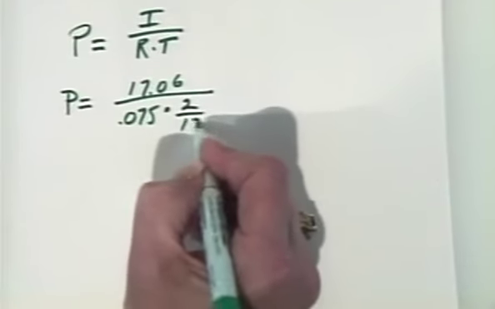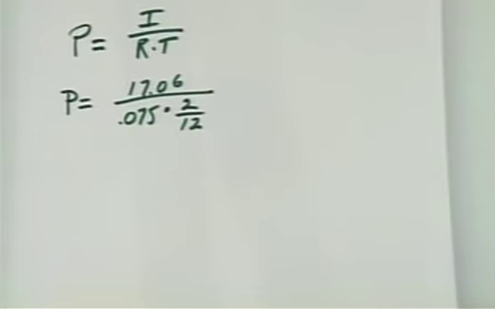This is where we run into some issues with this calculator. You cannot enter 17.06 divided by 0.075 times 2 divided by 12. You will not get the right answer. There are a couple of things that you can do to take care of it. We actually need to group the numbers on the top, group the numbers on the bottom, okay? There are two ways of doing it. We can go ahead and just take care of the denominator.